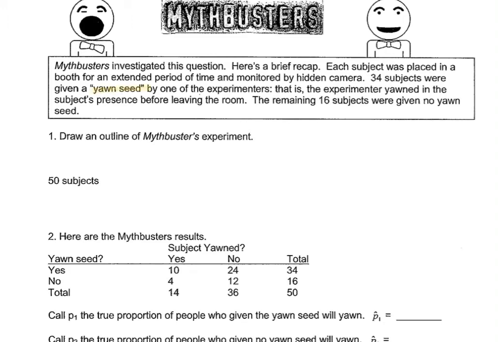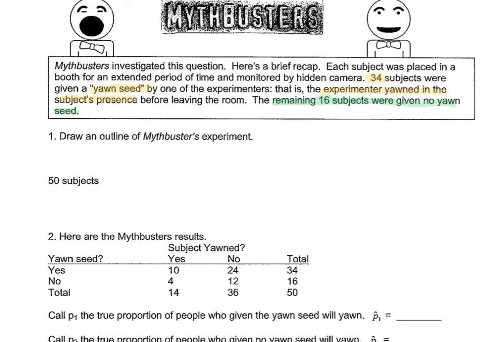So we'll call a yawn seed something where the experimenter yawned in the subject's presence. And then we've got the control group where the remaining 16 subjects did not have a yawn. So we had 34 subjects receive the yawn seed and 16 subjects did not receive the yawn seed.